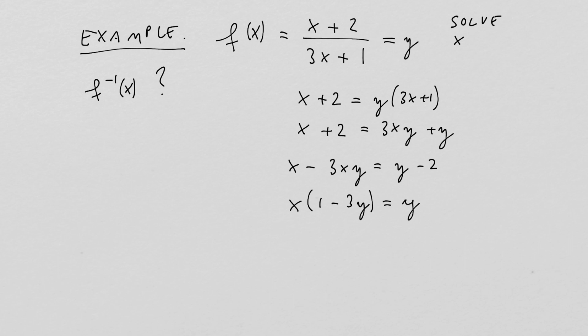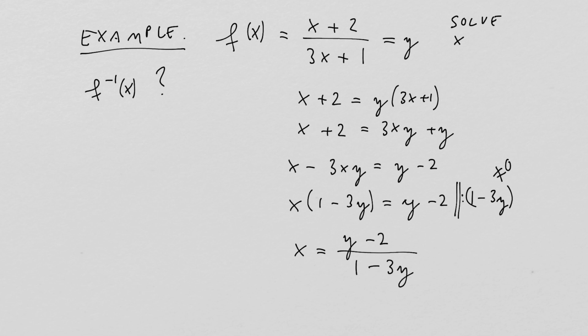And now if 1 minus 3y is not 0, we can divide by that and we would get that x is a number like this. So we would get that this expression here would be the formula for the inverse function.